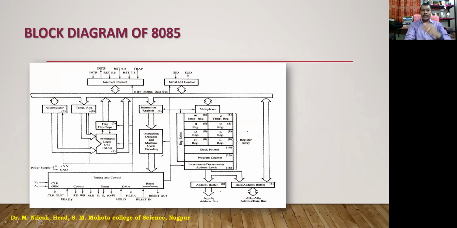So the microprocessor is now receiving the data from the memory location 6050 and putting it in the temporary register. So now the accumulator has one data, and the temporary register has the second data.